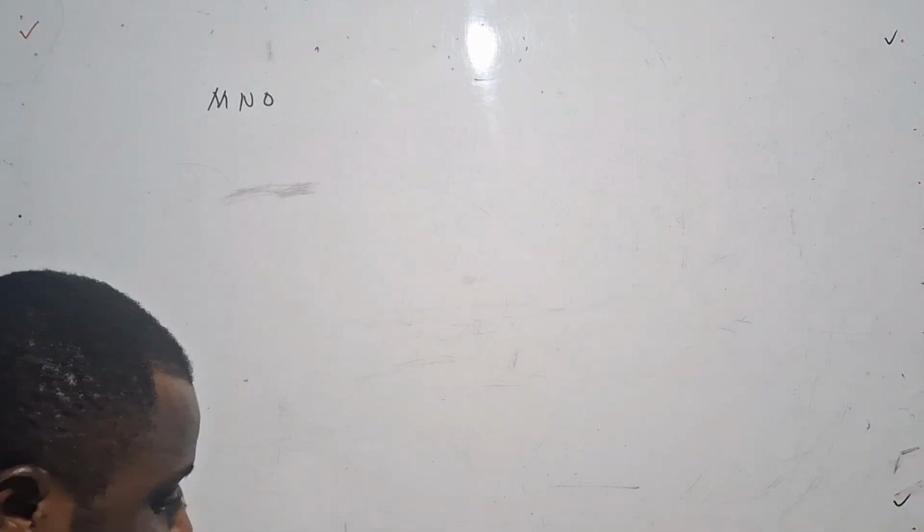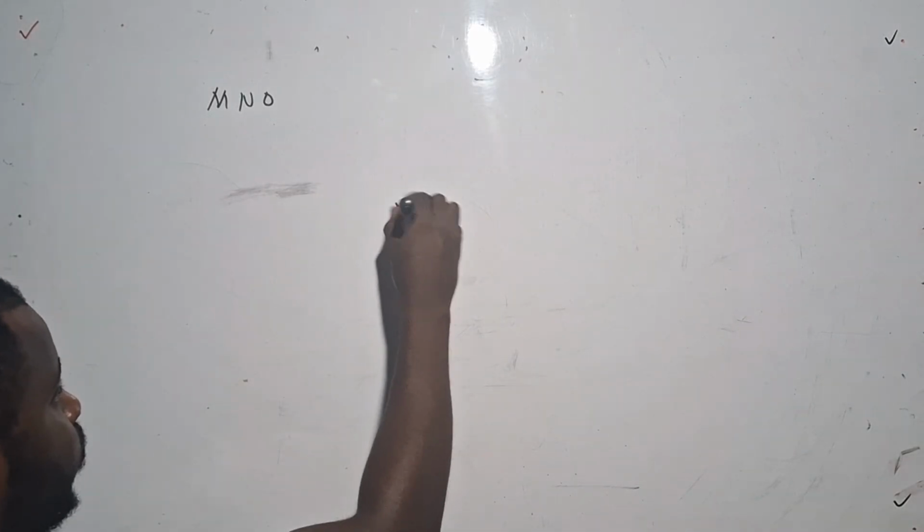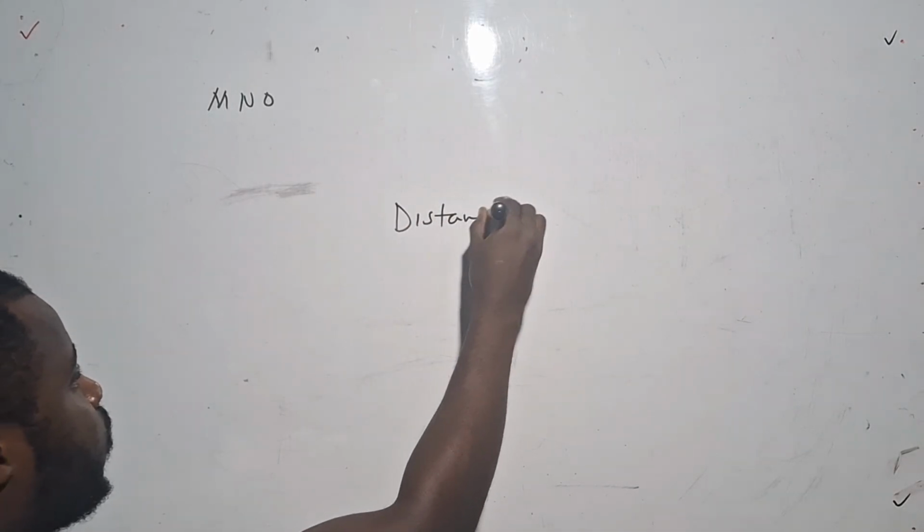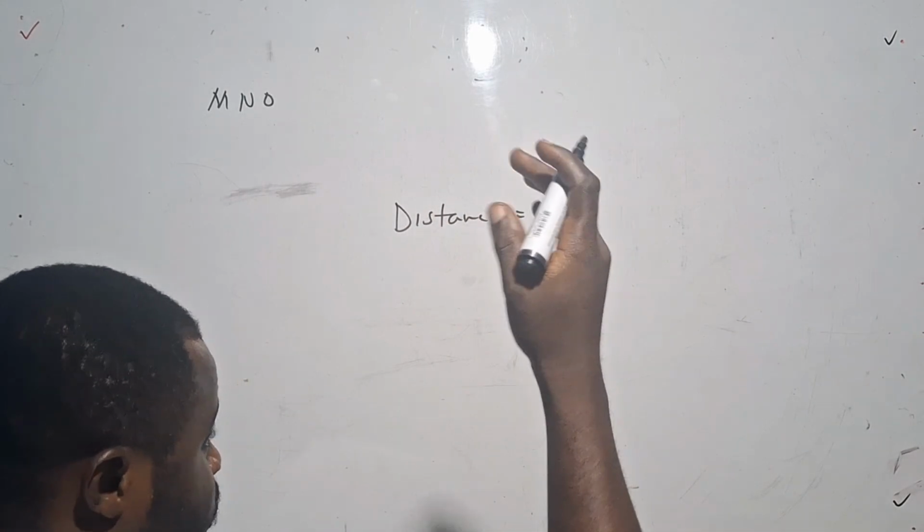Now, this is what you need to understand. When 3 points are given to you to determine the type of triangle, let's say we have M, N, and O, we use the distance formula, which we did in my first video, to find the magnitude.